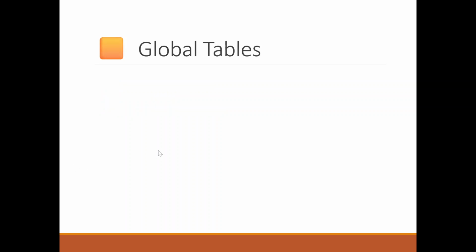Next, global tables, an active multi-region setup. What is the use of global tables? They give ultra-low latency for global apps, multi-region reads and writes, and disaster-resilient architecture, perfect for worldwide users.